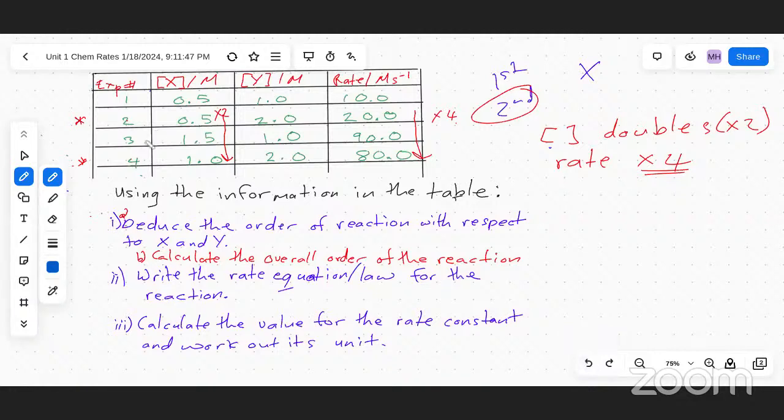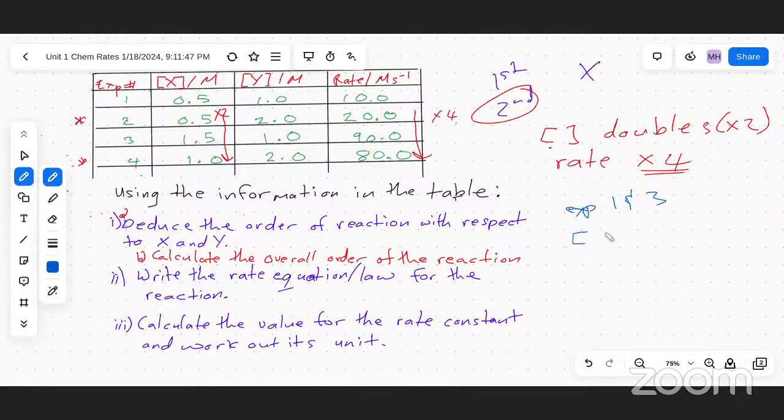Alternatively, which other 2 experiments could we have used to figure out the order of reaction in terms of X? 1 and 3. Right, also, as was shown. Comparing experiments 1 and 3, we divide experiment 3 by 1.